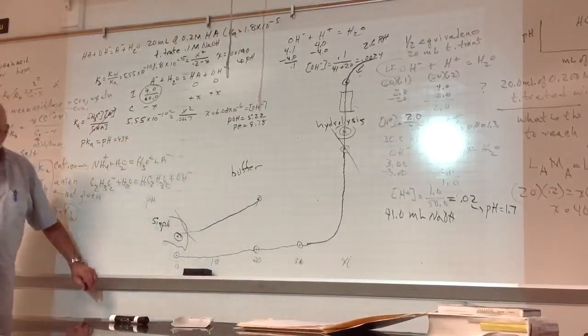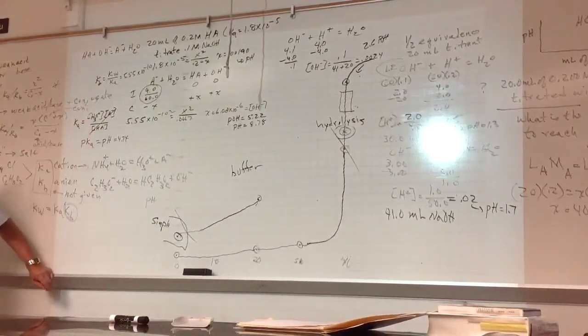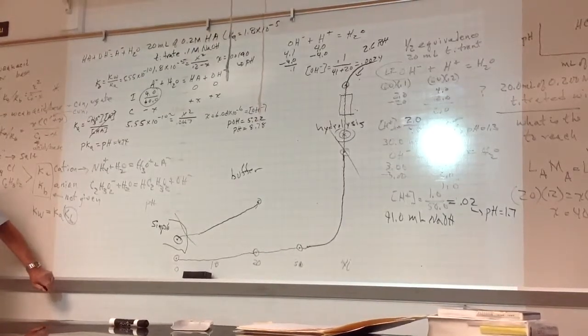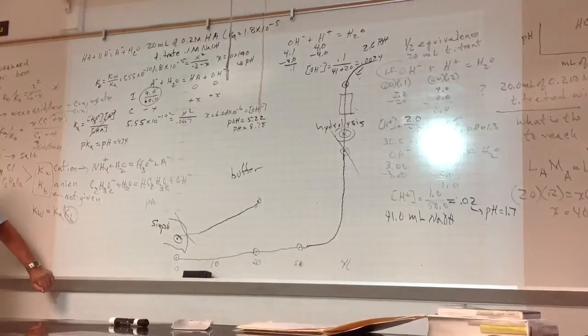So the titration curve has all three different types of equilibrium problems, and you know which one you have to do at which place, as long as you remember to calculate the volume to get to the equivalence point. Because then you can look at whatever volumes I asked you to calculate, and that immediately tells you which of the three types of calculations you're going to do.